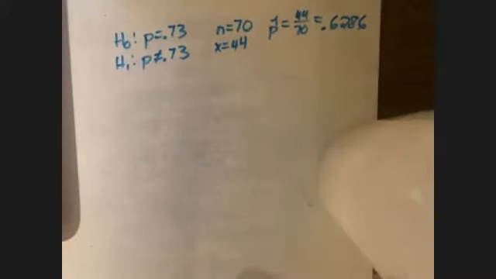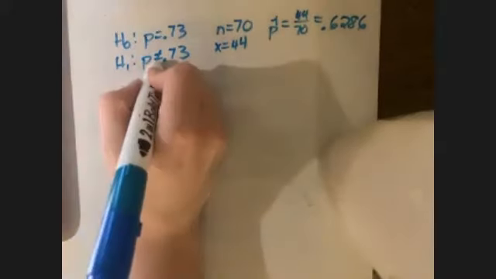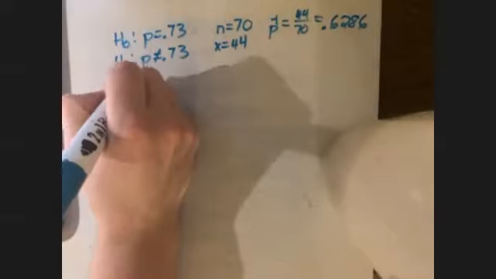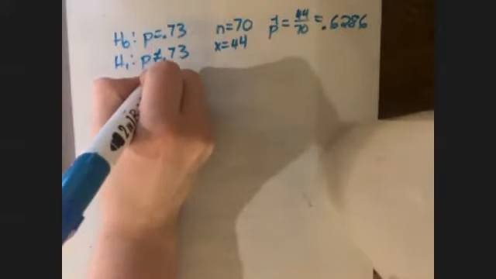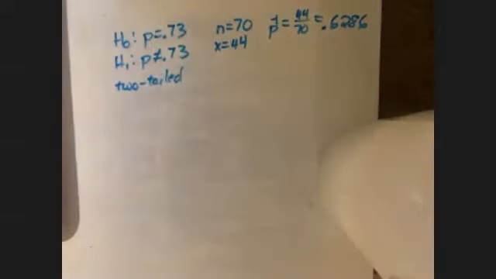Now, because this is a not equals to, this is a two-tailed test. Again, because it's a not equals to, it's automatically two-tailed.